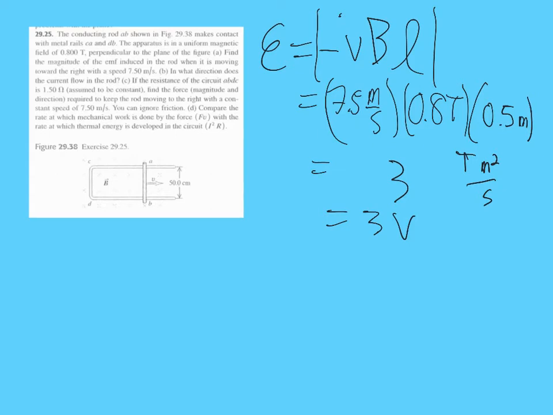Then they ask us, I'm going to check it to be sure, because I'm pretty sure. 7.5 times 0.8 times 0.4. Oh, I'm wrong. It's 2.4 volts. So this is actually not 3. It is 2.4.